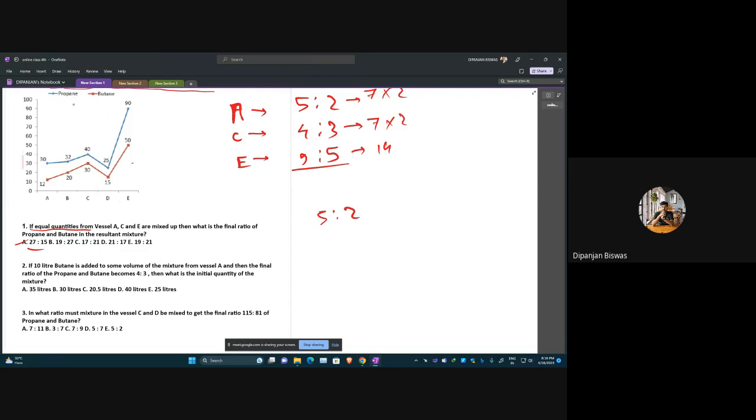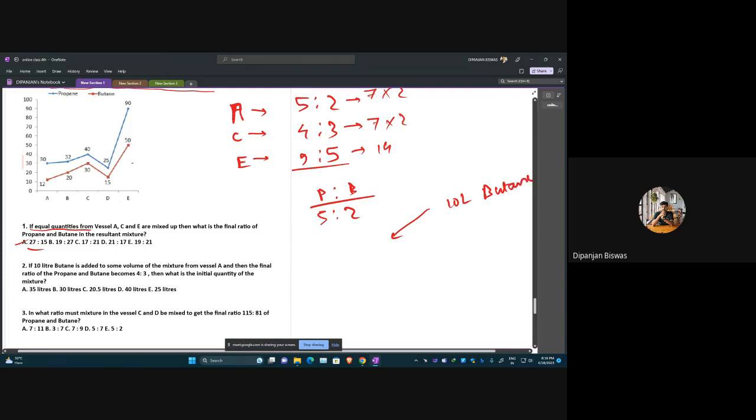And in the question, it is said if 10 liter of butane is being added, then the ratio becomes 4 is to 3. So the initial quantity of the mixture, the value of 5 plus 2, 7, that is asked in the question. So how to solve it quickly?